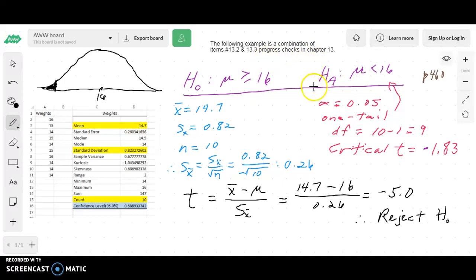So our alternative hypothesis is that the true mean is less than 16, since we're comparing to the 1 pound or 16 ounces on the label. That leaves our null hypothesis, the complement, to be that the mean is greater than or equal to 16.